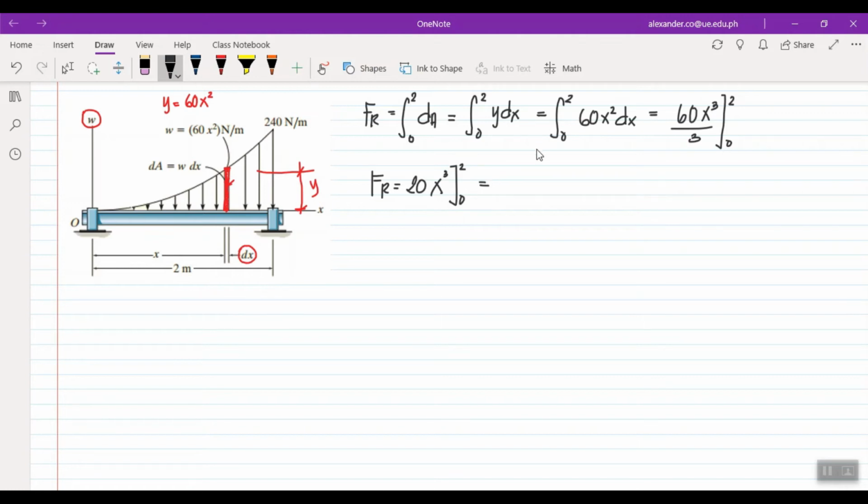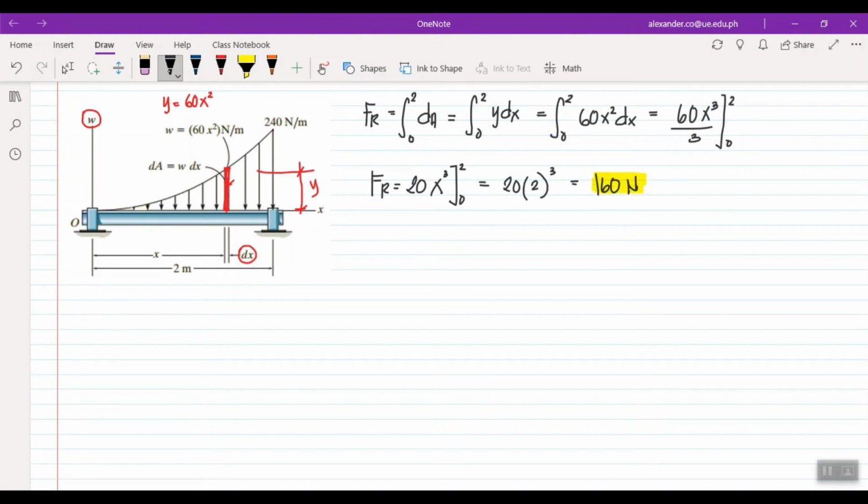Okay? So, ilan yan? So, it's 20 times 2 raised to 3. It's 160. And the unit is in Newton. Hindi ko na-explain bakit Newton. Naintindihan nyo na. Sample problem number 1. Okay, so that is the magnitude.